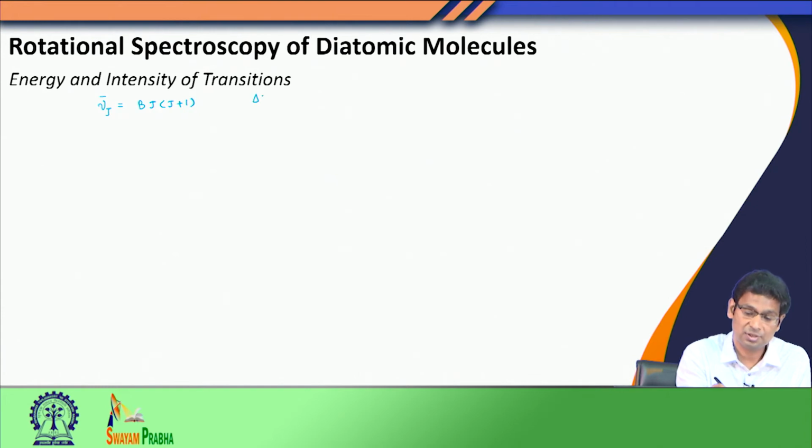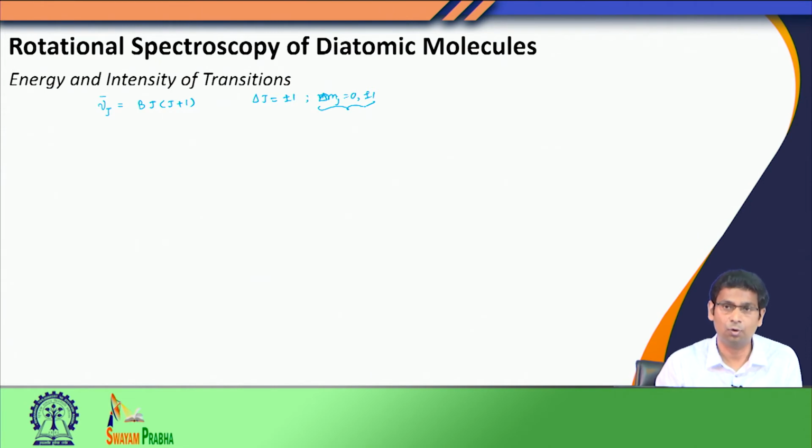The selection rule says delta j equals plus minus 1, delta m j is 0 plus minus 1. Of course, delta m j is not going to play a role, since these are magnetic quantum numbers, unless we have an external magnetic field. So, the molecule will always have 2 j plus 1 fold degeneracy. We will not be able to resolve this m j level unless we have an external field.